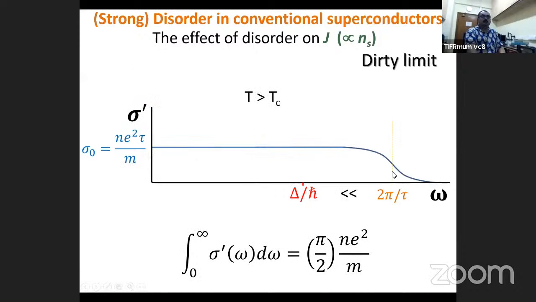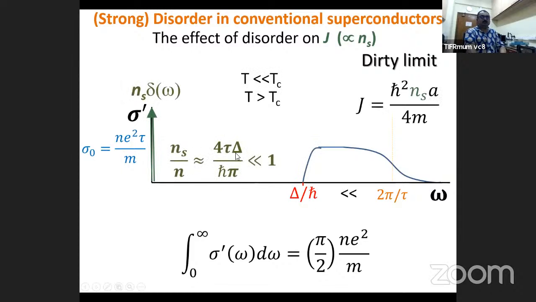So there it will be the opposite. My delta is here and 1 by 2 pi by tau is here. So now when I go below Tc, what will happen is that only this part of the spectral weight will go into the condensate. That will give me the superfluid fraction, and the remaining part will not.